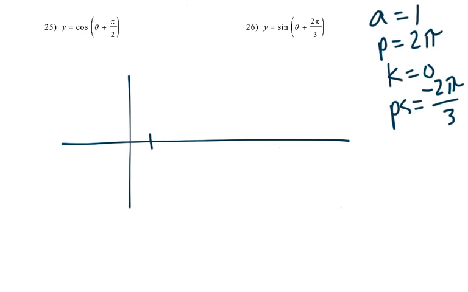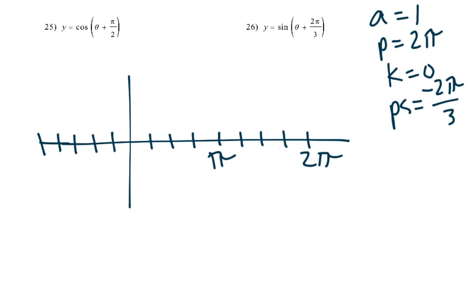So we normally go, so this would be pi fourths, pi halves, 3 pi fourths, or just 1 pi. This would make this 2 pi.